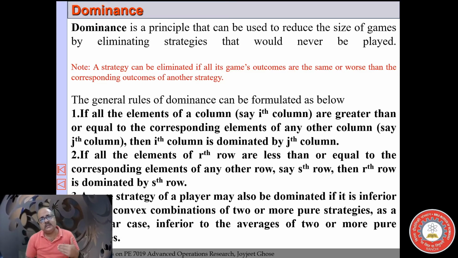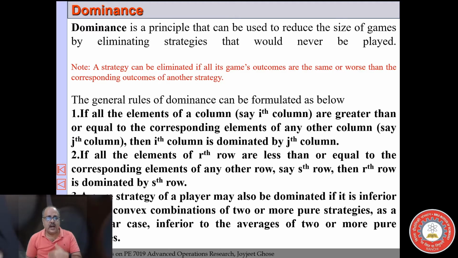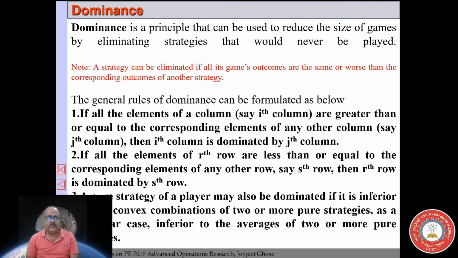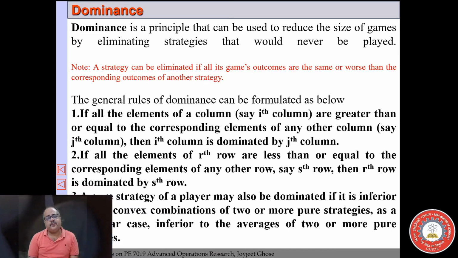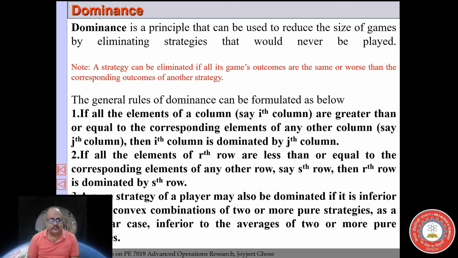The rth row is said to be dominated by the sth row, so it can be eliminated from the payoff matrix. In this manner we keep on eliminating rows and columns until we reach a 2 by 2 matrix, and then we can solve it by the algebraic method. So these are the two rules.